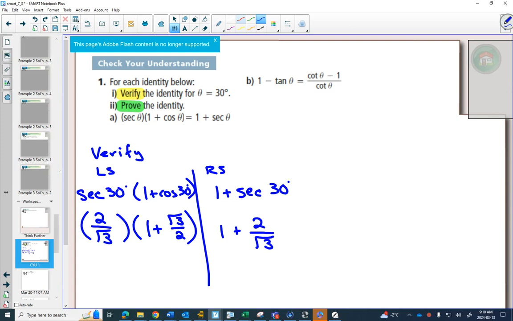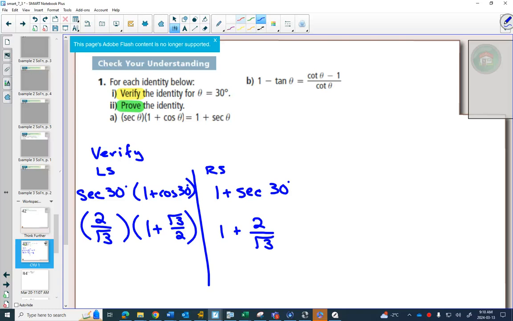A verification question becomes a proof, but only with numbers. Is my left side and right side identical? No. Let's see if we can make them identical. Now you're allowed to use any of your algebraic strategies that you know. Combine fractions, distribute, whatever you'd like.